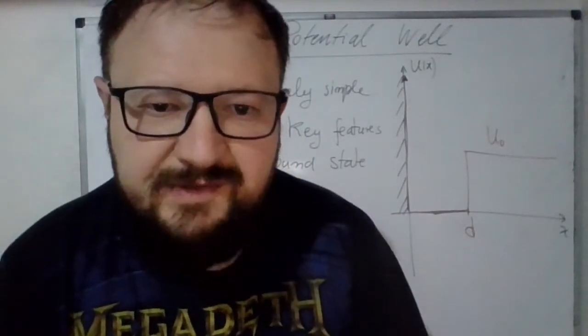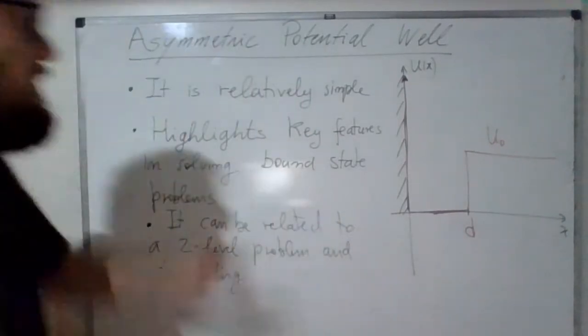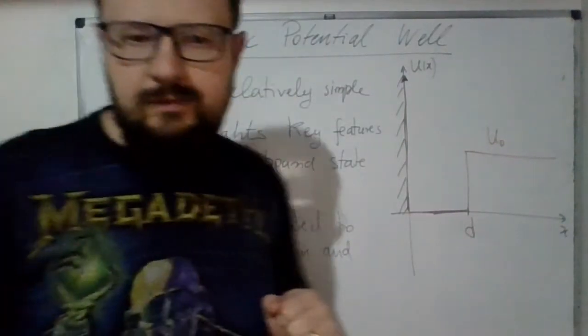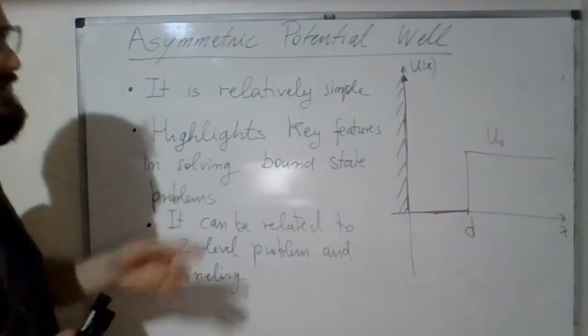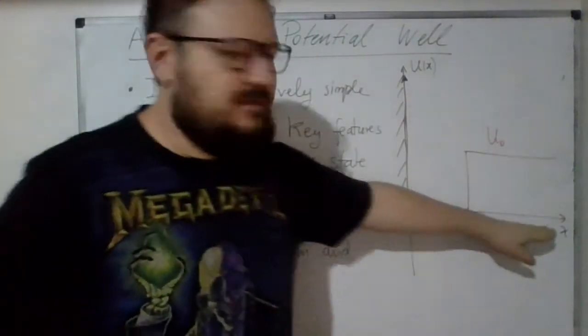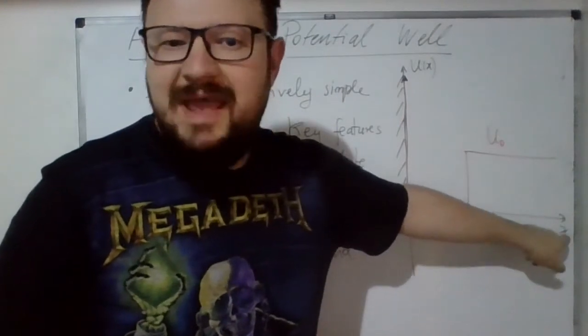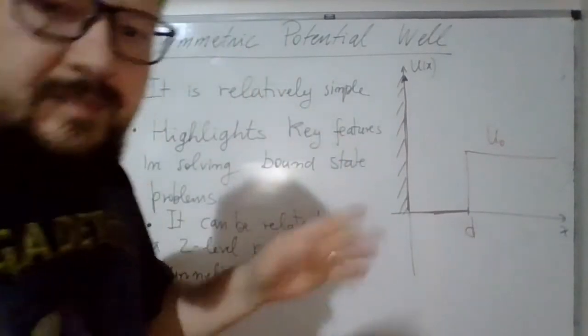In this present lecture, we will discuss the asymmetric potential well, which is a very simple problem in quantum mechanics. It is confined to a one-dimensional problem in space.